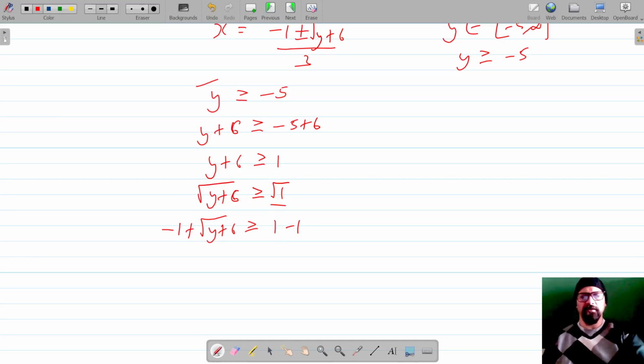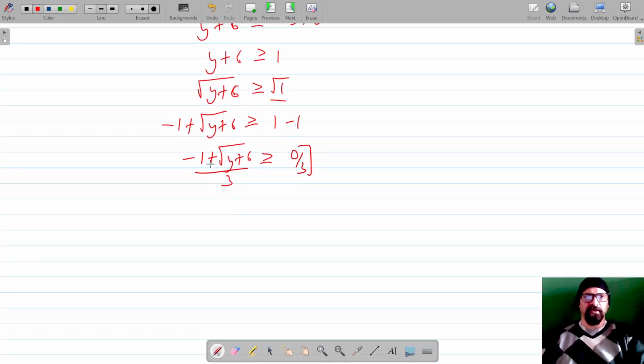And I'm going to divide this by 3 as well. So negative 1 plus root of y plus 6 upon 3 is greater than equal to 0 by 3, which is 0. And this value is our x. x is greater than equal to 0.